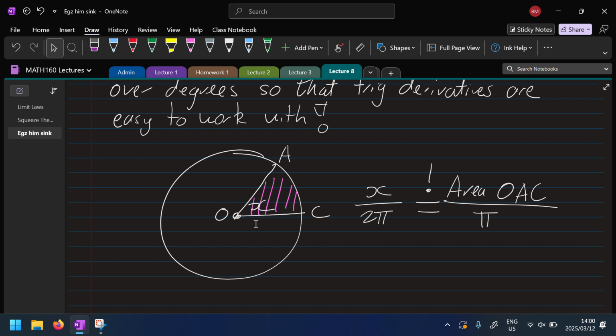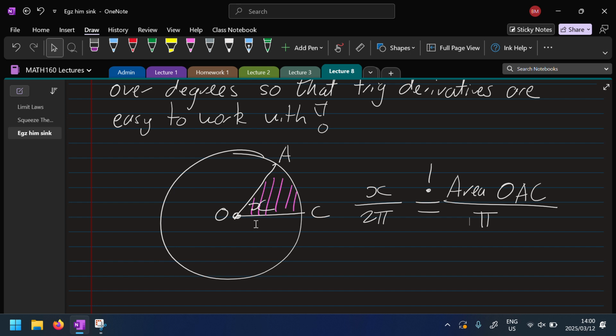So the ratio of AC, this length, over the full circumference, what is that? This angle is x. What's the full angle? So what's the ratio? x over 2 pi. Okay, good. So we've got that part. Everyone's okay with that?